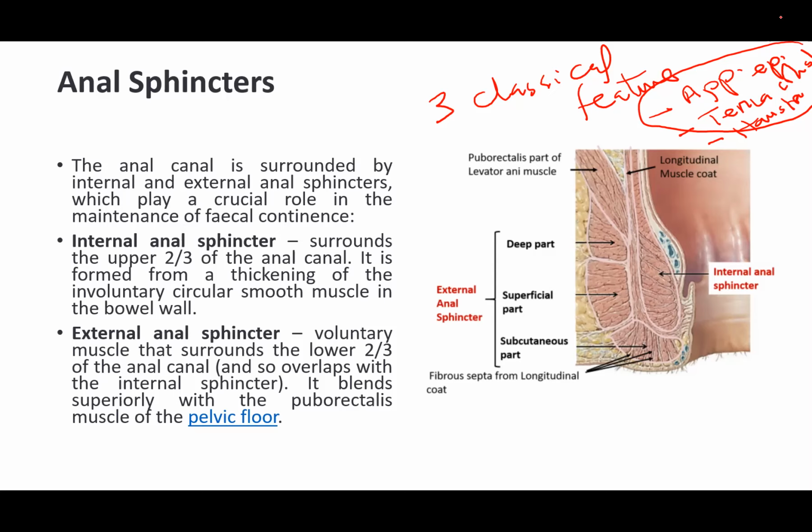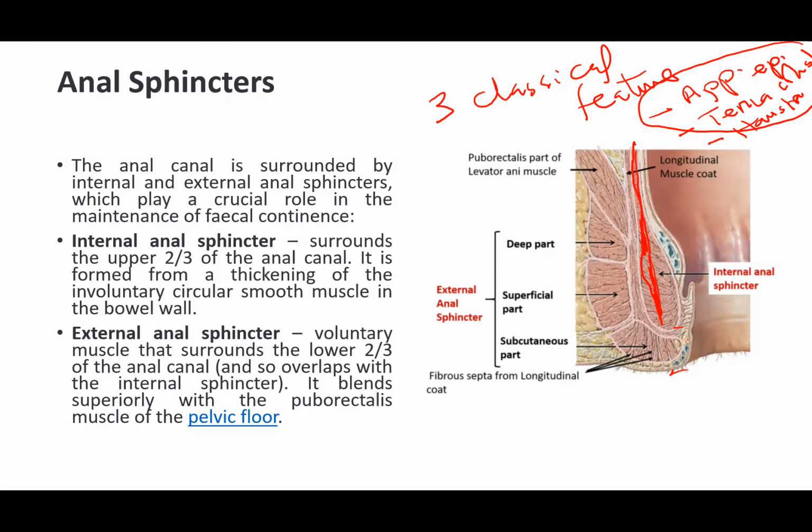So if you look at this, you can see this is the internal anal sphincter. It's from the circular muscle, and you can see it covers two-thirds of the anal canal. Okay? It's only one-third that is not involved.